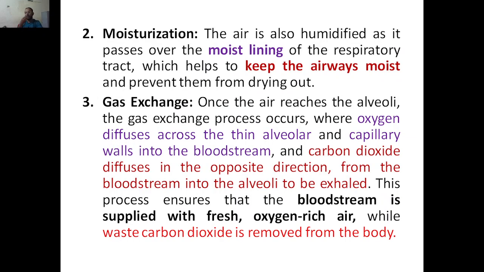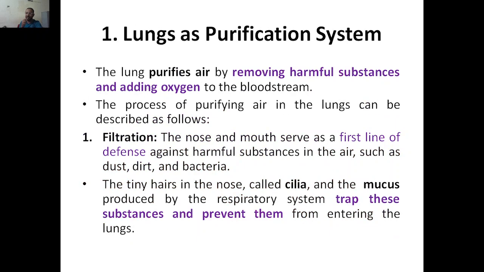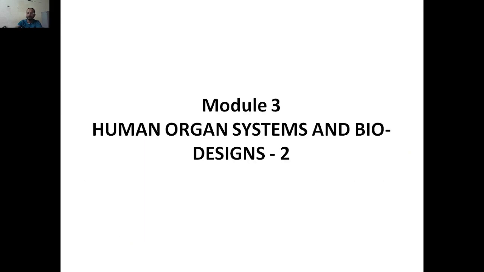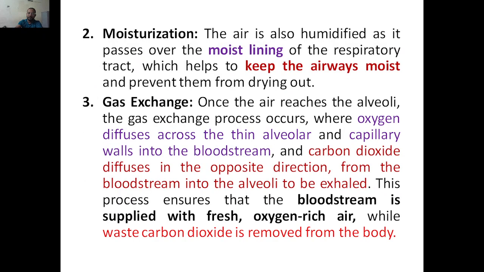Next, moisturization. Now the air is almost humidified as it passes through the moist lining, that is the moist lining which is produced by the respiratory system, in the respiratory tract. So here in moisturization, the air is also humidified as it passes through the moist lining of the respiratory tract, which helps to keep the airways moist and prevents them from drying out.